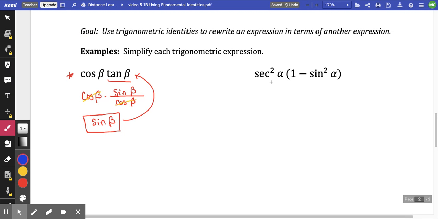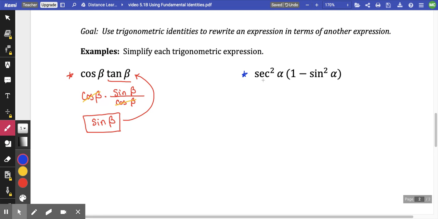Okay, for our second one, we've got secant squared of alpha times the quantity 1 minus sine squared of alpha. Once again, I want to simplify this using those trigonometric identities at the top there.